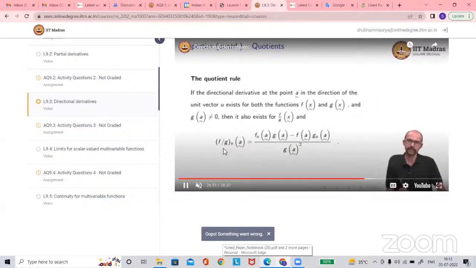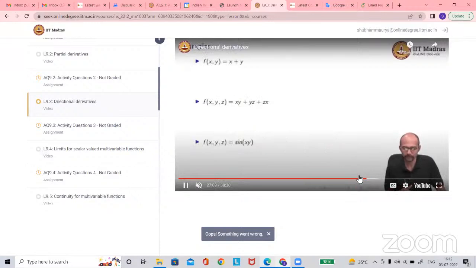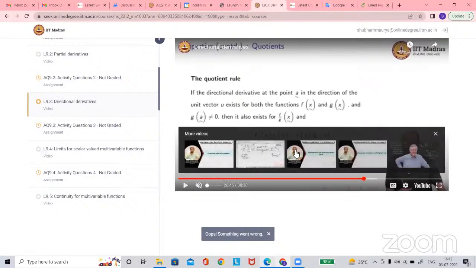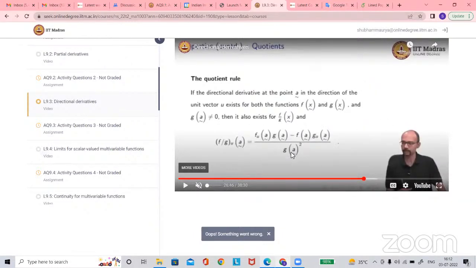If you want to find the directional derivative, it is the directional derivative of f at that point multiplied by the value of g at that point, minus the value of f at that point times the directional derivative of g at that point, divided by the square of the value of g at that point. That last portion I couldn't get.